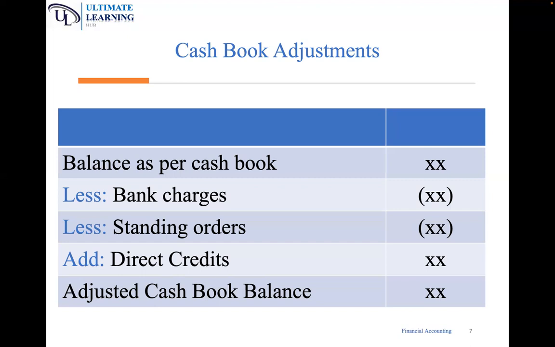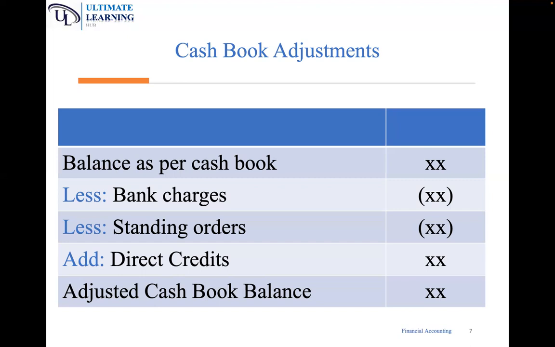Now, this adjusted cash book balance is the amount that is taken to the adjusted bank statement. So after you have prepared the adjusted cash book, the amount at the end of the adjusted cash book is what is transferred to the adjusted bank statement. But also take note of this first item, balance as per the cash book.